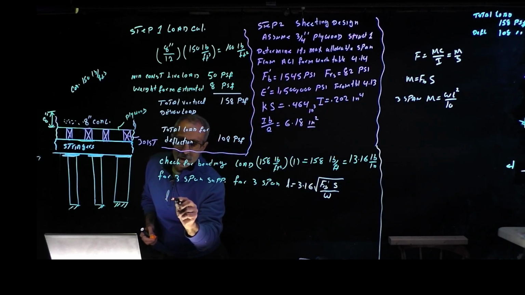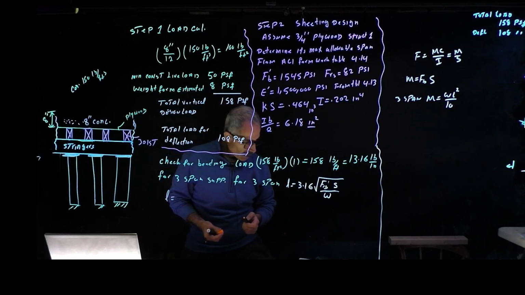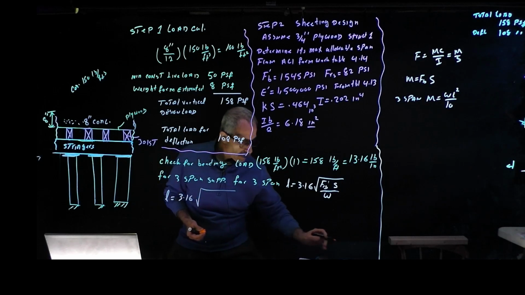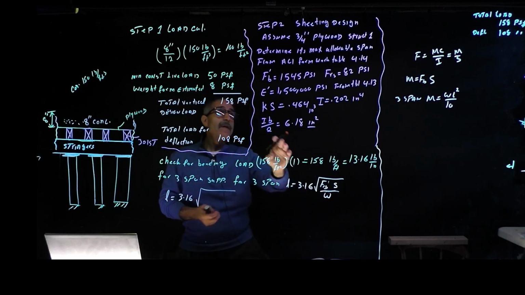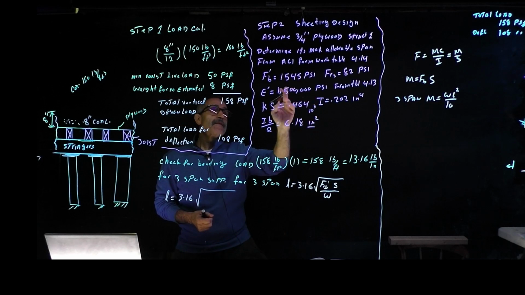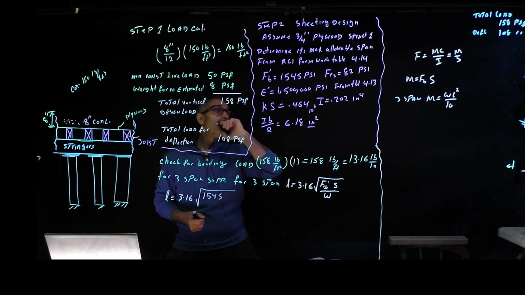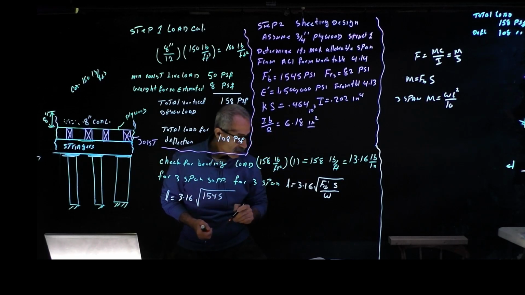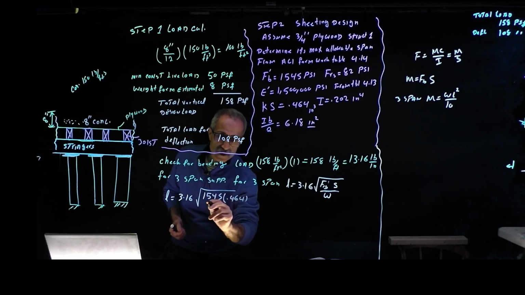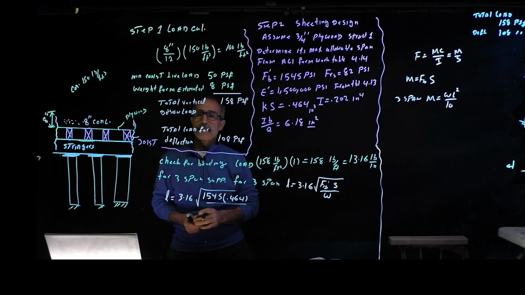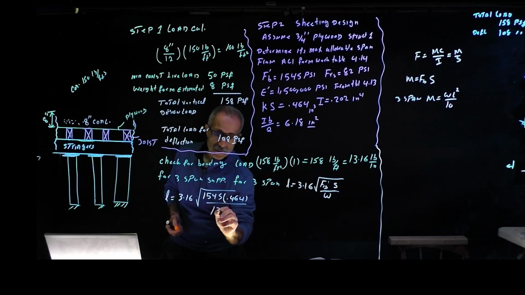For L it's going to come out to 3.16 times the square root of F prime b, which came out to be 1545, and S came out to be 0.464, divided by the weight, and the weight we're going to use is 13.16.